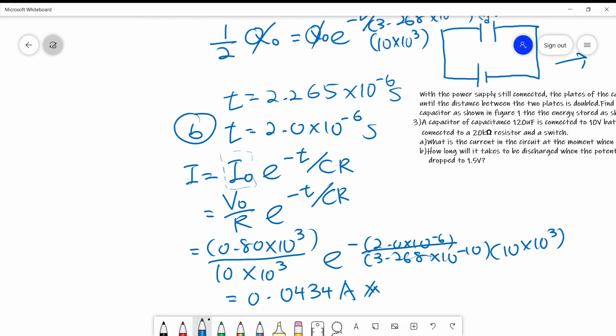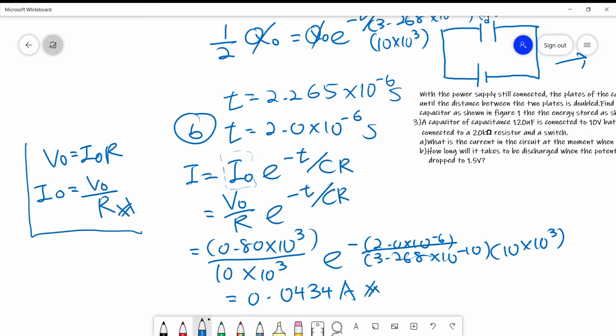Based on Ohm's law, we have V naught equals I naught R. So I naught will be equal to V naught divided by R. So that is the way that we derive the initial current.